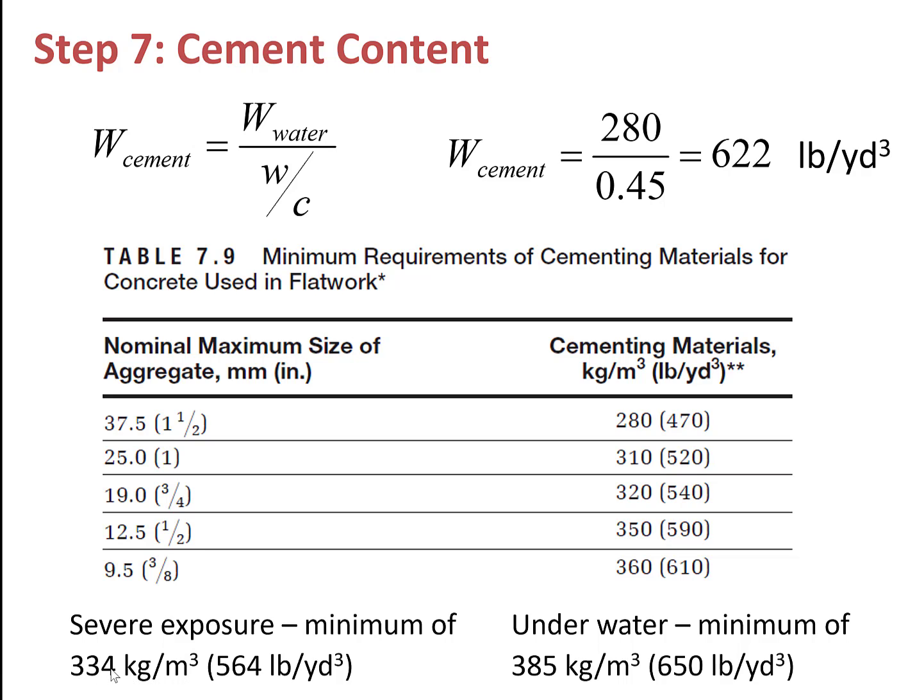For concrete placed under water, the minimum amount of cement is recommended to be 385 kilogram per cubic meter. And also from this table, you can check the minimum requirements of cement content for concrete to be used in flat work, such as slabs.